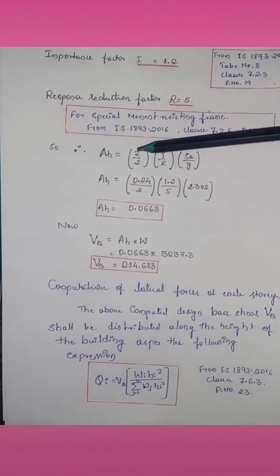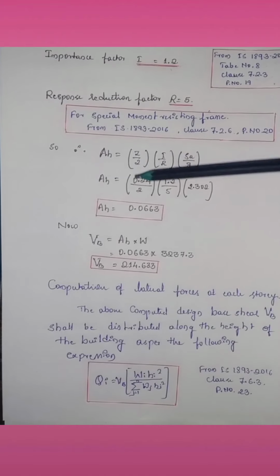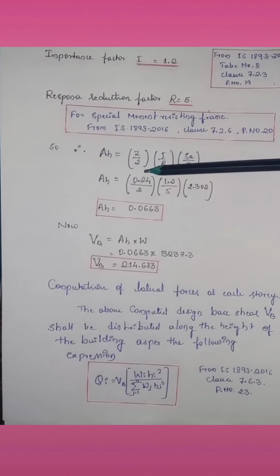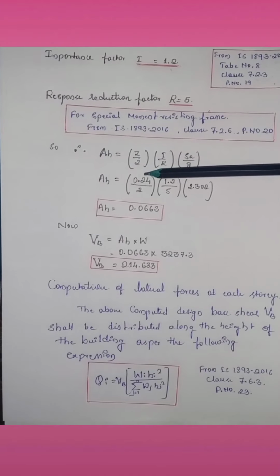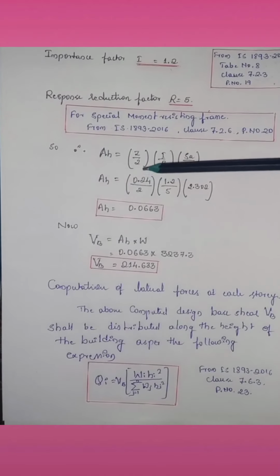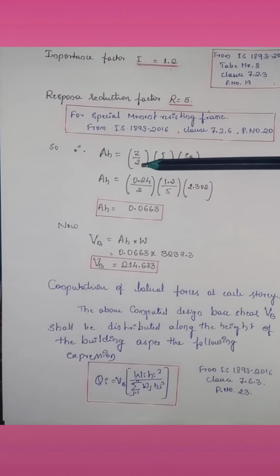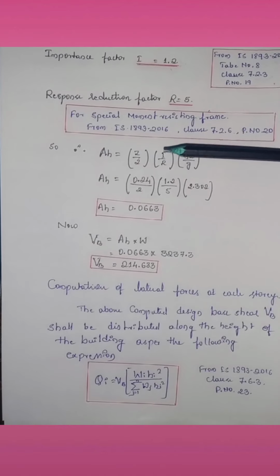Here Z is the zone factor. I have told you to remember these zone factors. This is the zone factor for zone 4, which is 0.24. Similarly, for zone 2 it is 0.1, for zone 3 it is 0.16, for zone 4 it is 0.24, and for zone 5 it is 0.36.